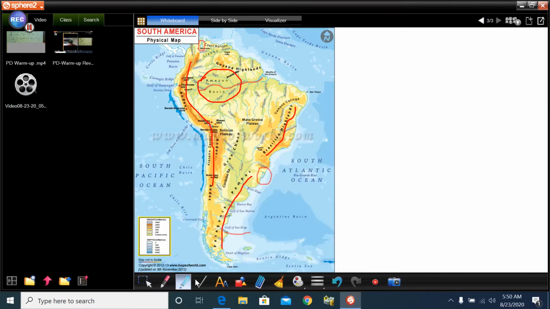And that's another word that I want to make sure you know. Strait. A strait is a narrow area where ships can go through between two pieces of land.